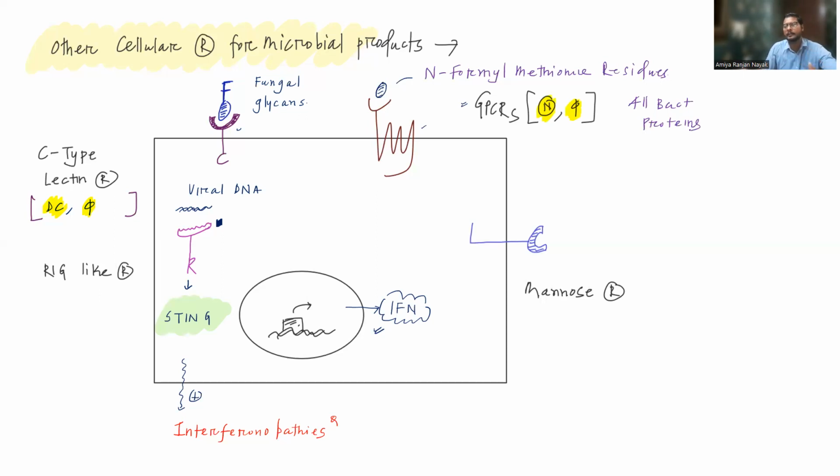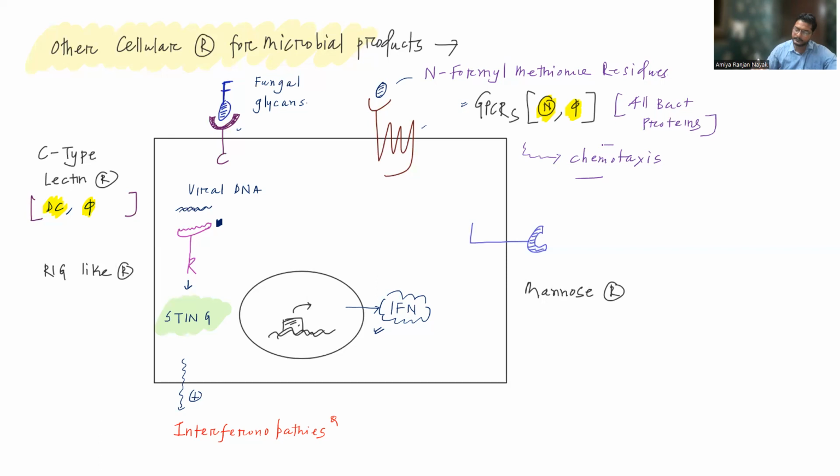Okay, some of the mitochondrial proteins will have these N-formyl methionine residues, but all the bacterial proteins are going to have these N-formyl methionine residues. This can be identified by the G protein coupled receptors, which are present predominantly in the neutrophils and macrophages, and activation of this receptor is going to help in the process of chemotaxis.